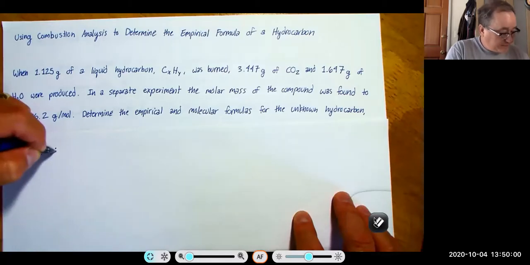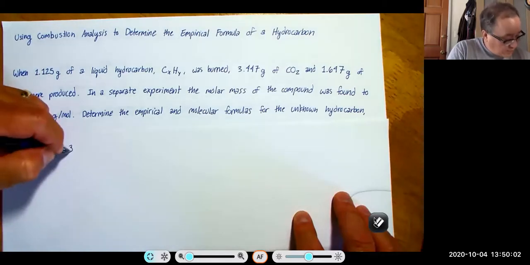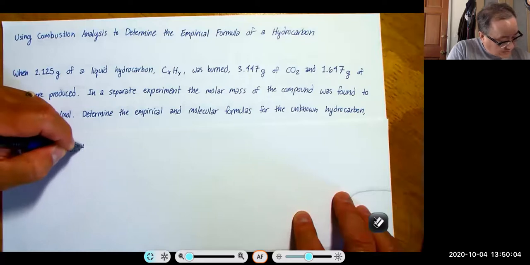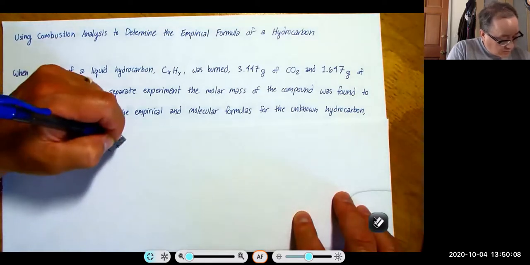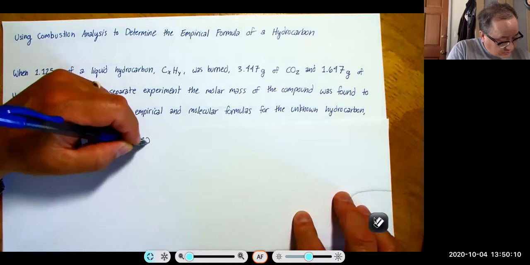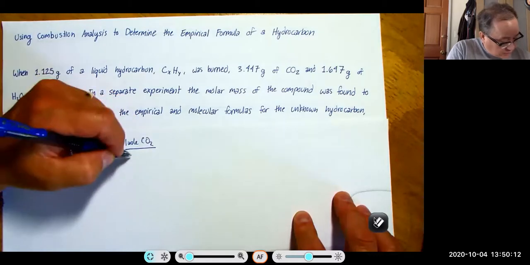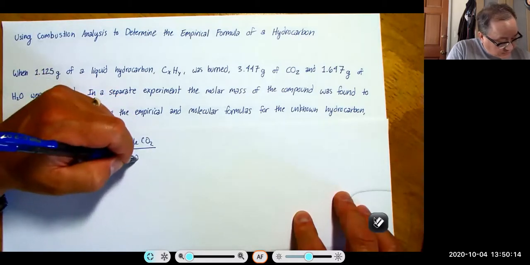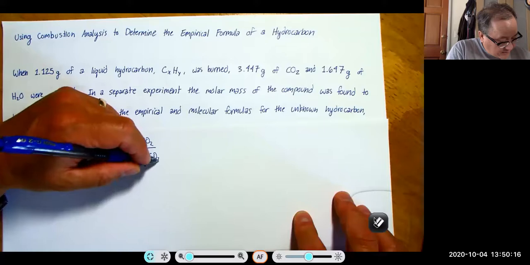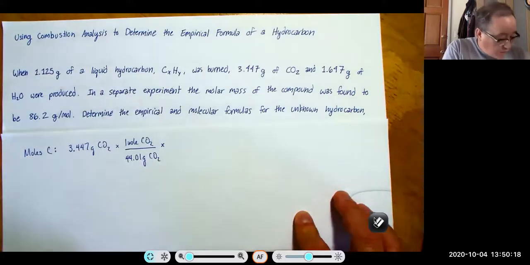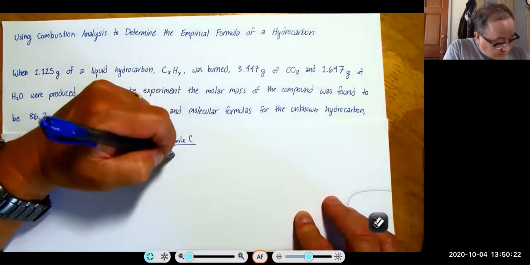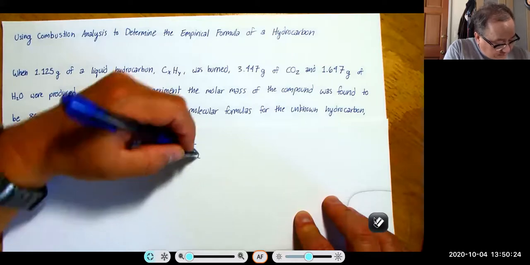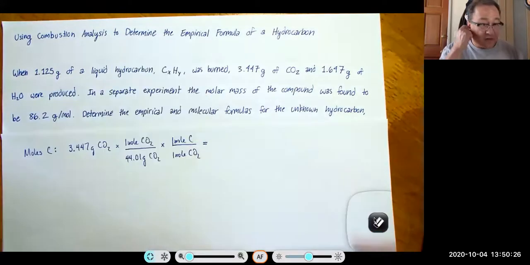And we're going to start with 3.447 grams of CO2 times 1 mole of CO2 to 44.01 grams of CO2. And then I'm going to multiply by 1 mole of carbon to 1 mole of CO2. And we're going to get the moles of carbon here.